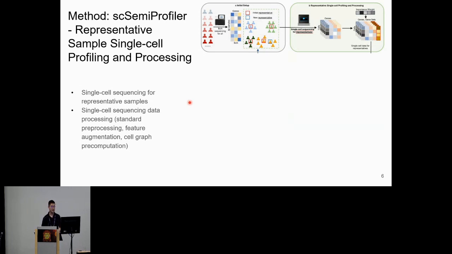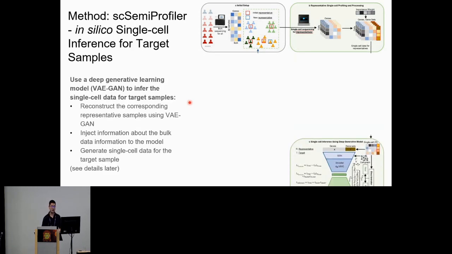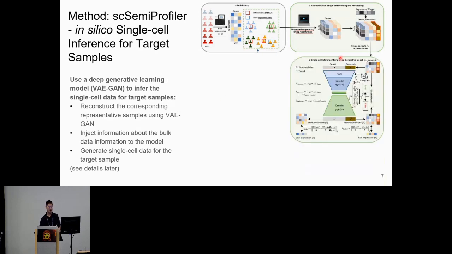And then for all the other samples, we call target samples without real single cell data, we use a deep generative learning model to generate single cell data for them. So each time for a target sample, we input the target sample and its corresponding representative sample's bulk data, and the single cell data of the representative sample.